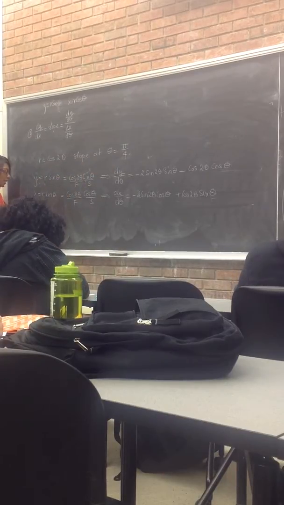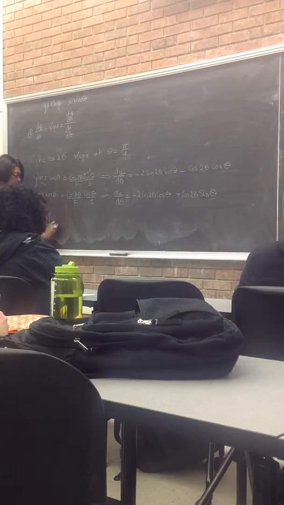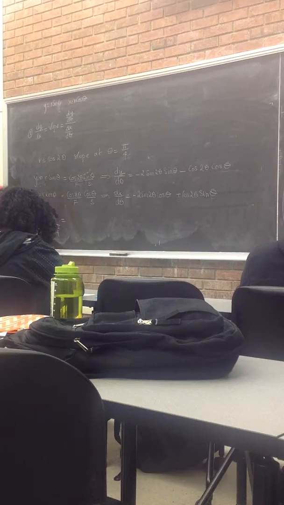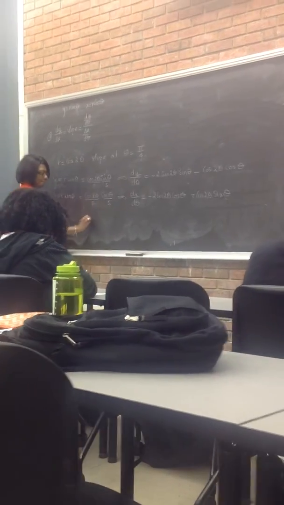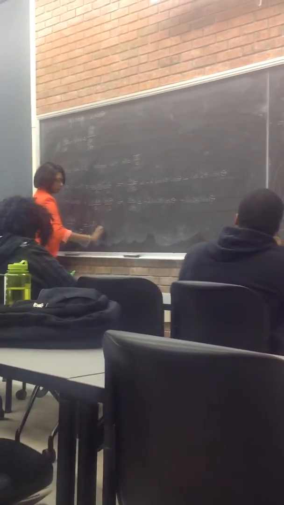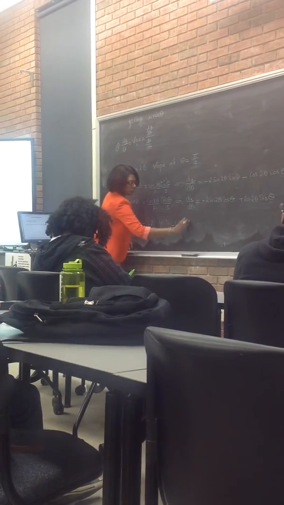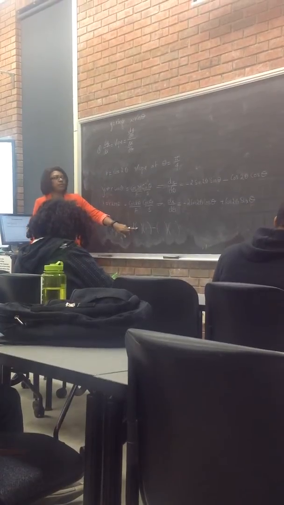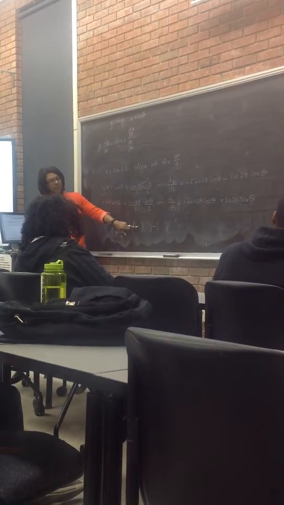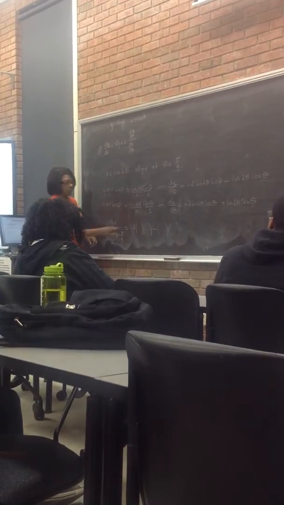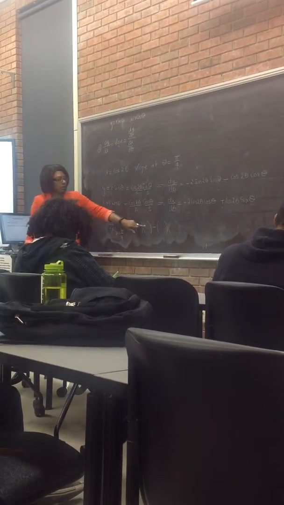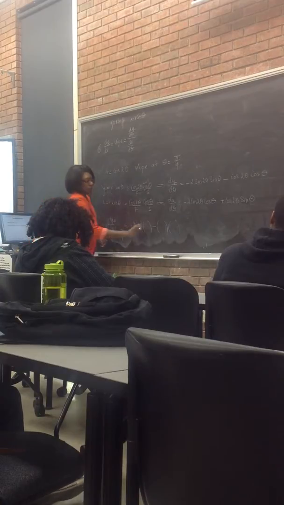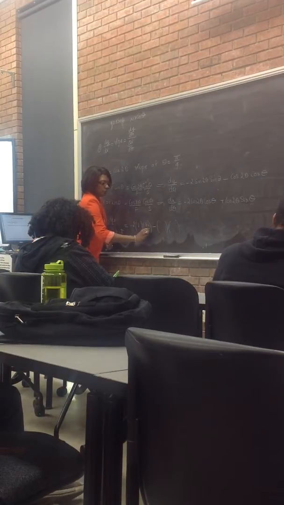So if I substitute pi over 4, what do I get? What is the sine of 2 times pi over 4? I have 4 functions to find. The sine of 2 pi over 4 is the same as sine of pi over 2, which is 1. The sine of pi over 4 is root 2 over 2.